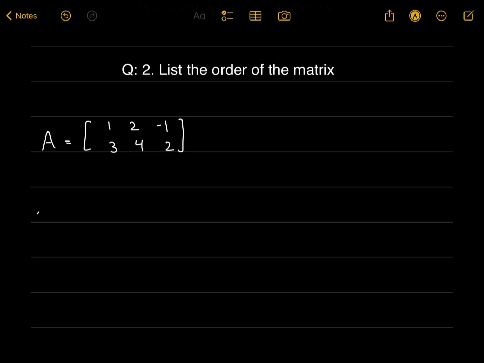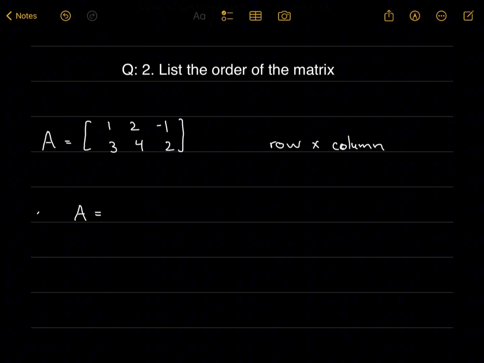So the next question, question number 2, is list the order of the matrix. We know how to find the order of a matrix. The order of A is, first find the rows. We know that it's rows into columns.